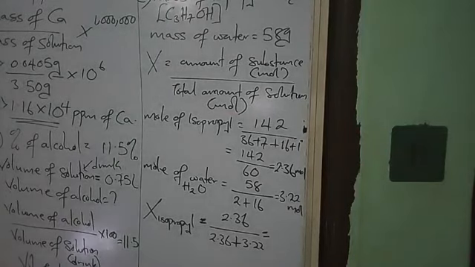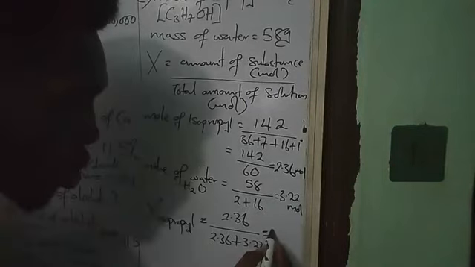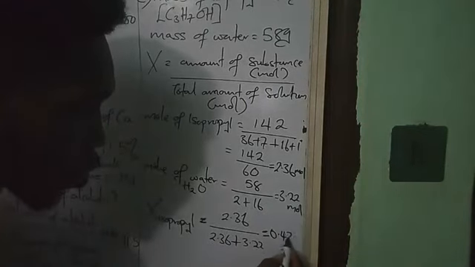That gives us the mole fraction of isopropyl as 0.423.